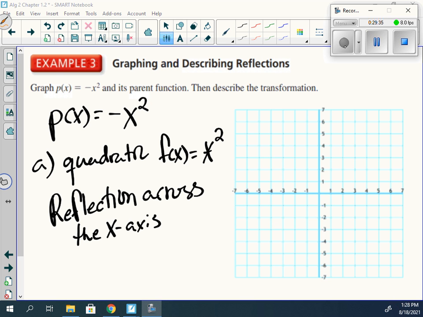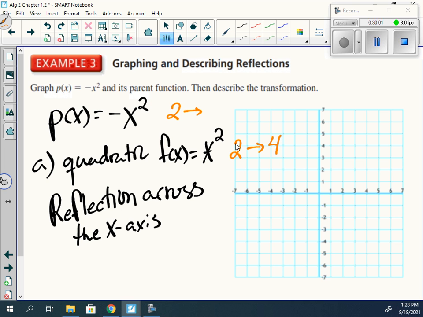All right, guys. So this here, if we wanted to look at the numbers for it, let's just say 2. If we plug 2 into x squared, well, what is 2 squared? Because 2 squared would be 4. If we plugged it into p of x, well, 2 squared would still be 4, but what happens now?